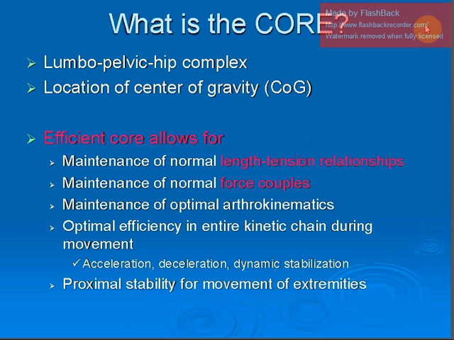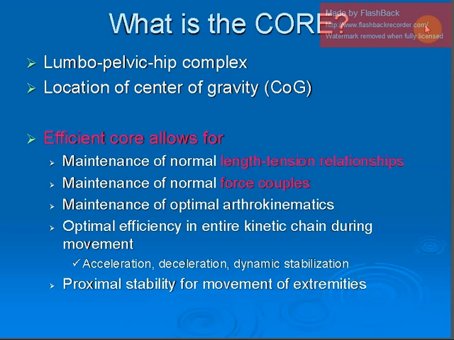So first the question is, what is the core? To know the core, we have to know about the lumbopelvic hip complex and the location of the center of gravity, COG.